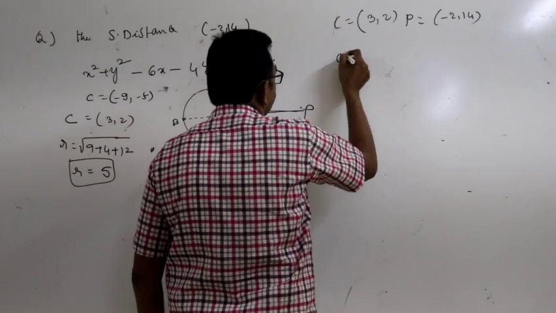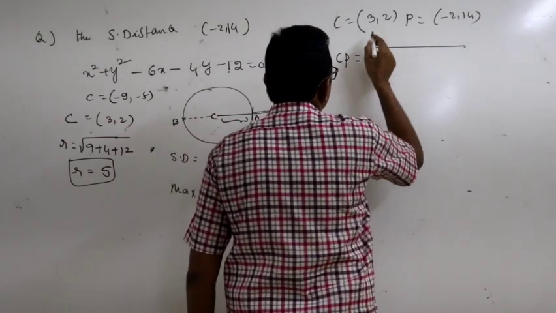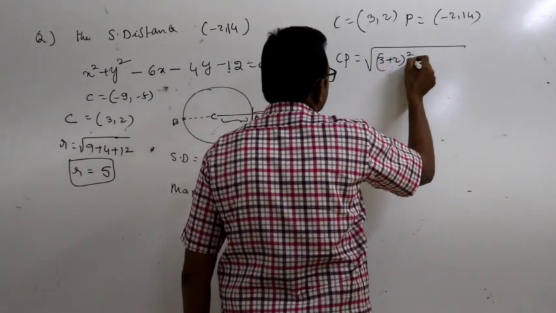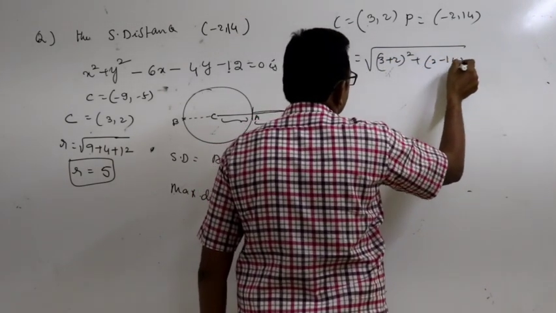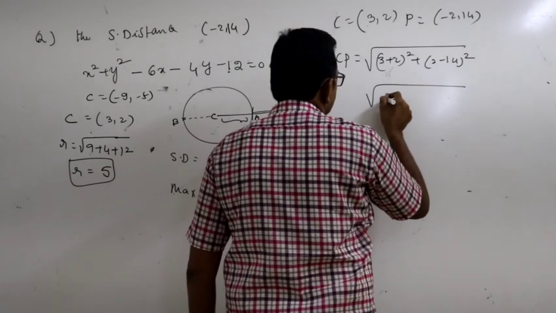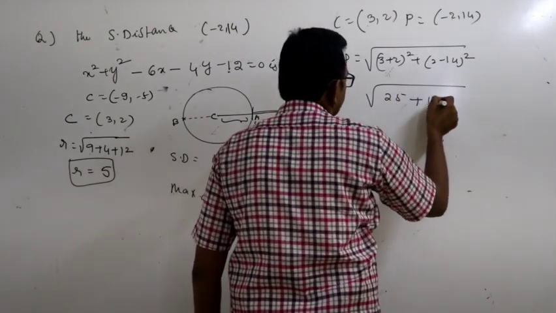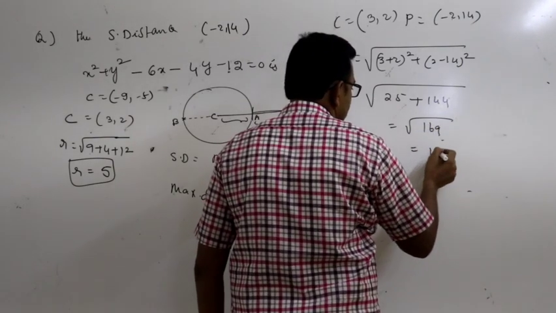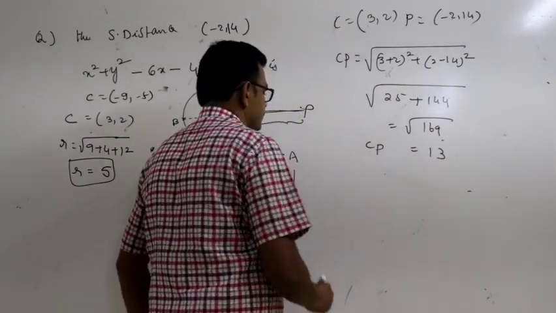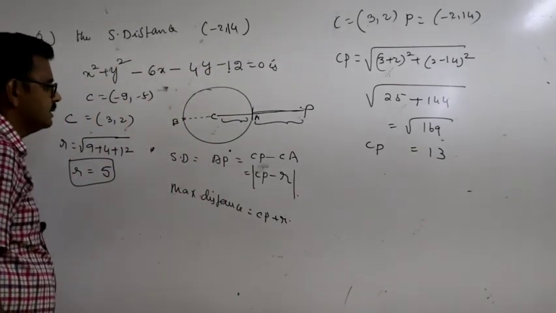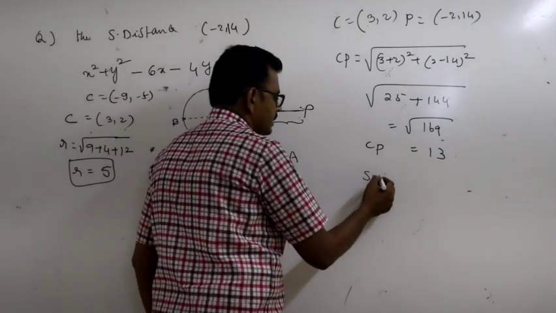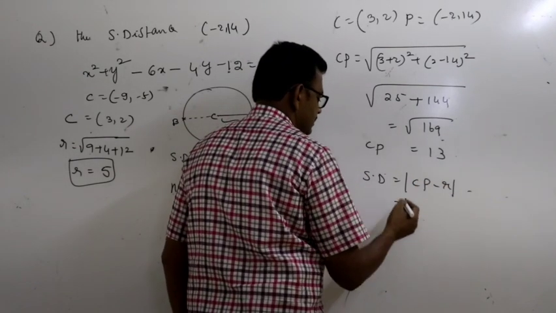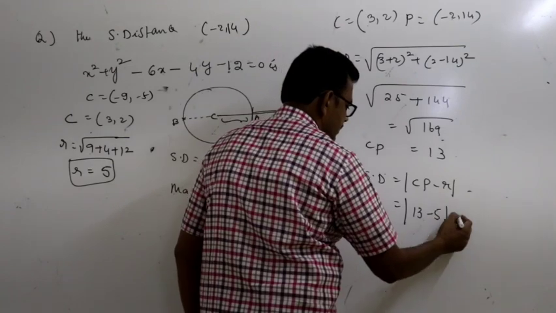Now the distance CP is equal to root of (3 plus 2) whole square plus (2 minus 14) whole square, root of 25 plus 144, that is root of 169, which is 13. Therefore, shortest distance equal to mod of CP minus R, that is 13 minus 5, 8.